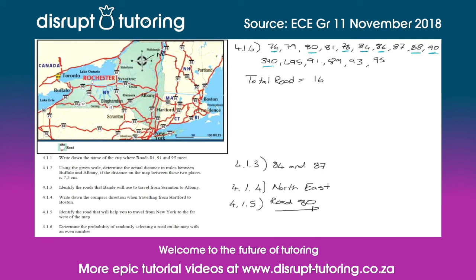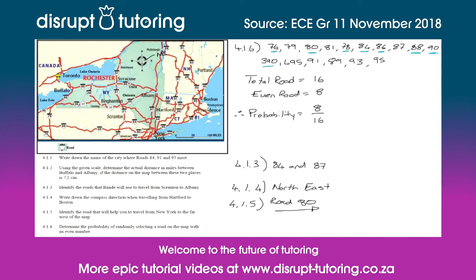So they asked us the probability of an even number. So the even roads is equal to 8. So then, therefore, the probability is equal to 8 out of 16.